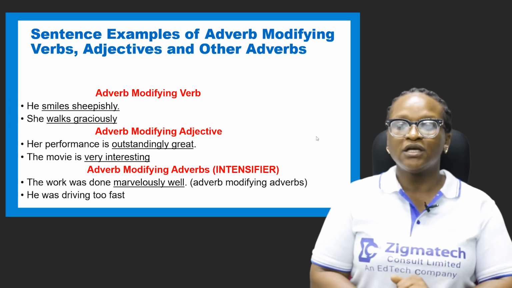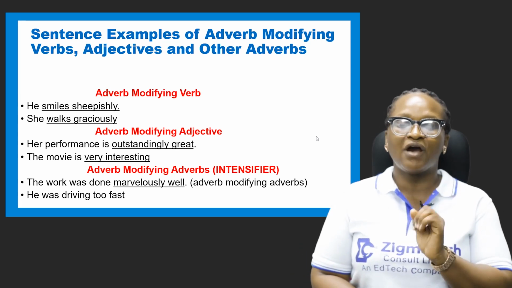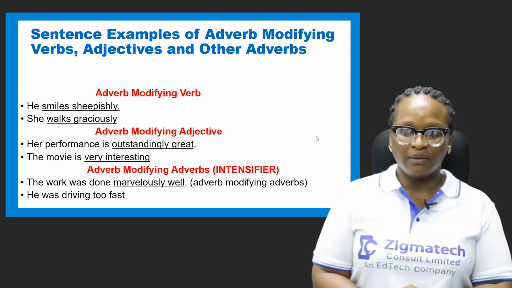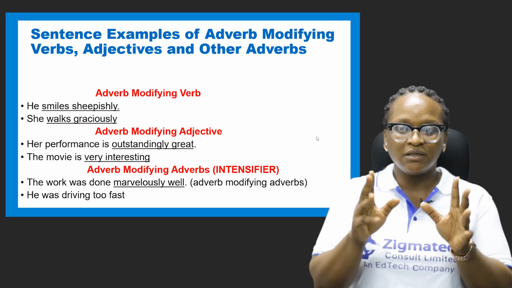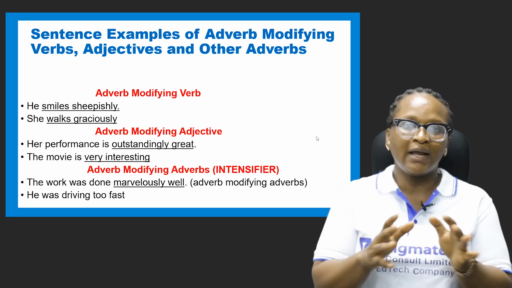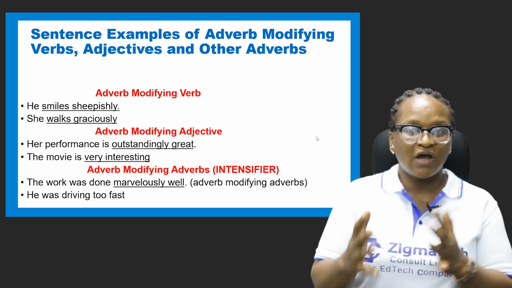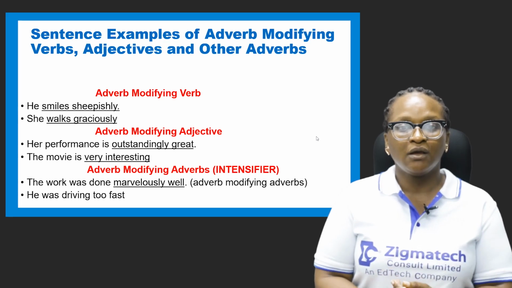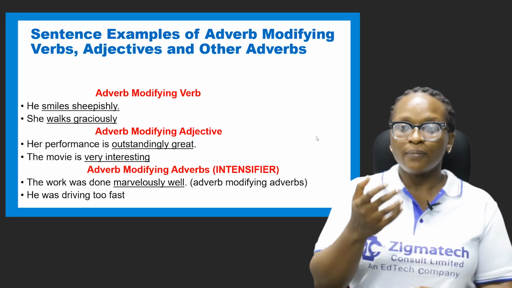So you can see from the second example under adverb modifying adjectives that very is an adverb. So you won't really place your mind basically on just the ly adverbs. There are other forms of adverbs apart from the ly, which we will see as time goes on.